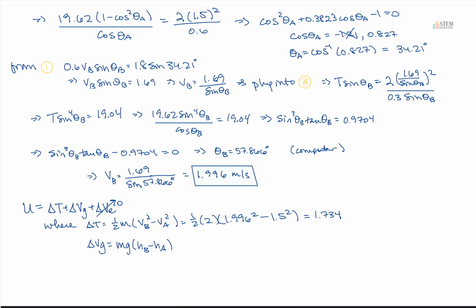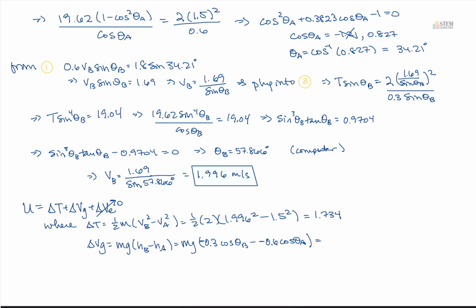So that's going to be 0.3 times cosine theta B. So this will be mg times 0.3 cosine theta B, and then we have a minus 0.6 cosine theta A. Remember, I said it would be negative if we're below the reference line, so put those as negative there.